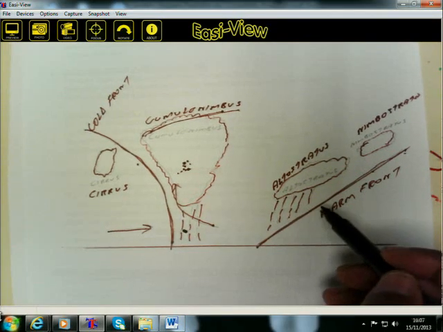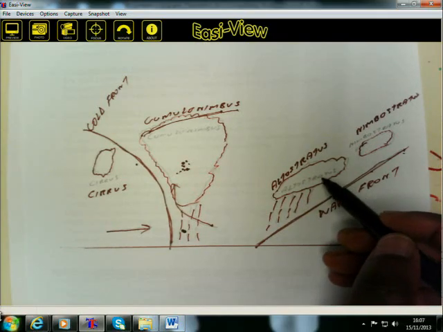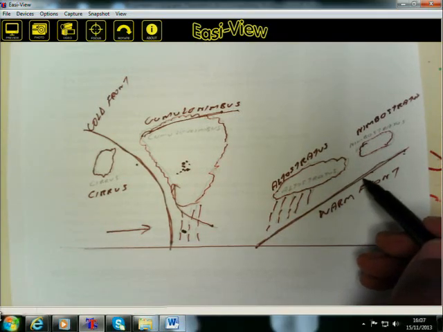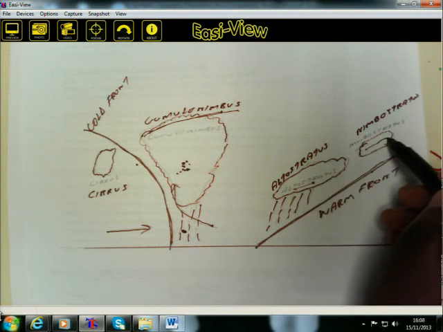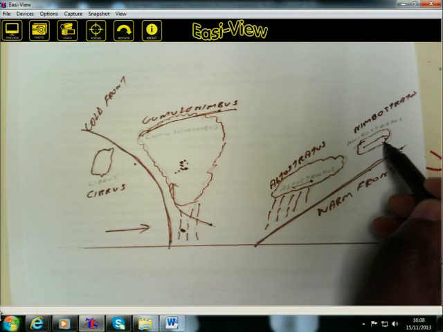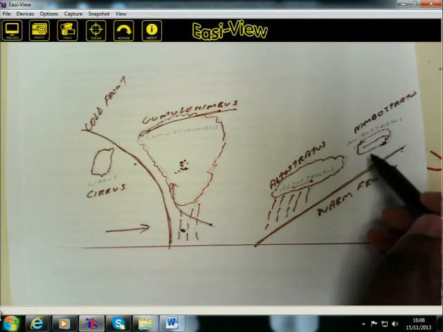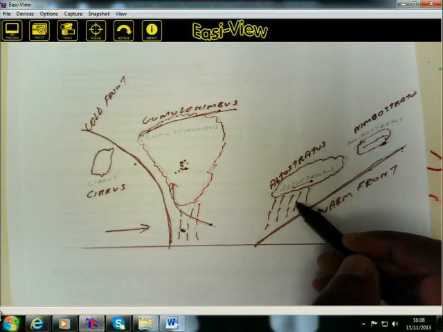And this side, we are having the two types of clouds that are formed on the warm front, altostratus clouds and nimbostratus clouds. That will give rise to what? To a very soft rainfall.